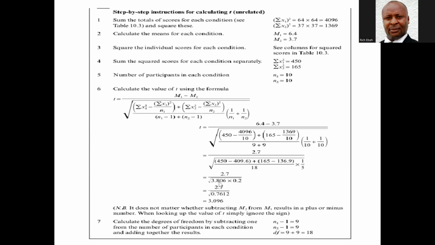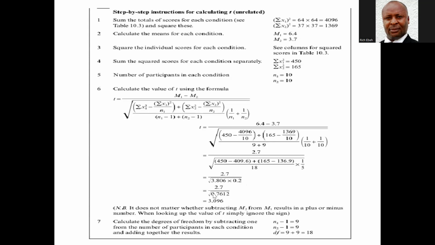You will get 3.806. This is important. Then you multiply, when you say 1 over 5, 1 divided by 5 will give us 0.2. Then you multiply this 3.806 times 0.2, which will give us 0.7612.